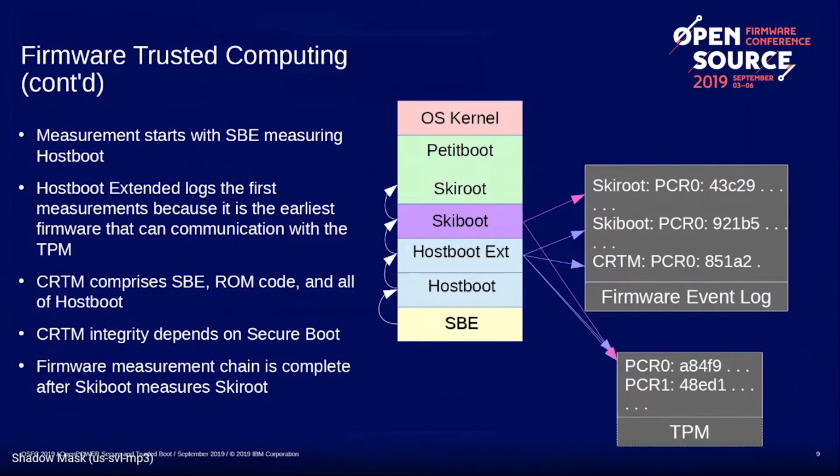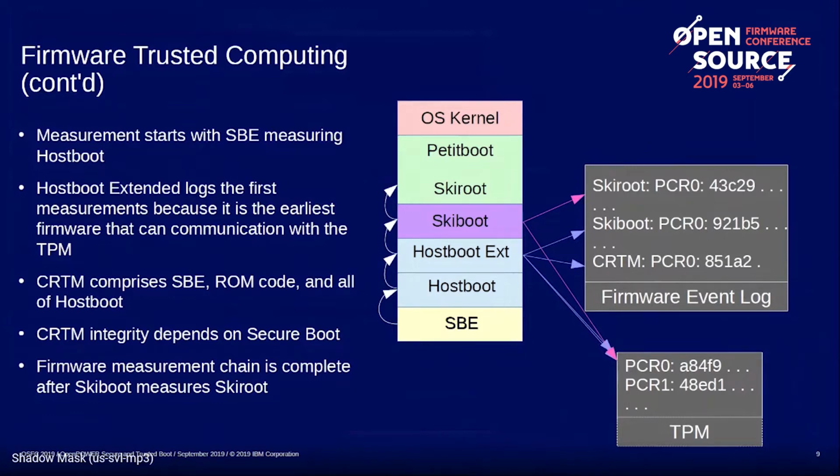The measurement starts with the self-boot engine measuring host boot. Host boot loads another layer called host boot extended, and host boot extended is actually the first piece of firmware that has the ability to communicate with a TPM, so the TPM measurements are squirreled away until such time as host boot extended can extend those into the TPM.